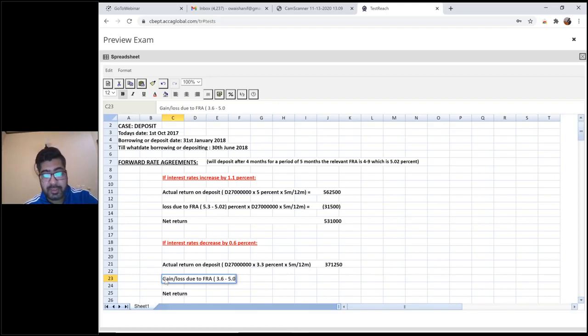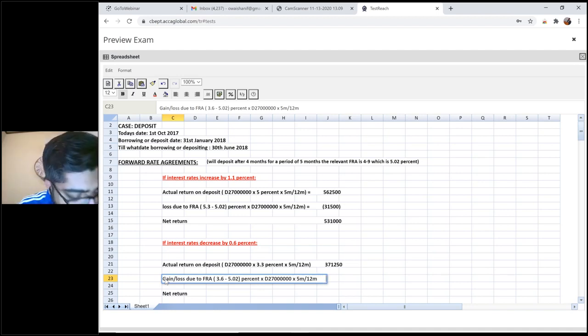This is the difference in rates, into amount, 27 million, into time period. This makes it 159,000.